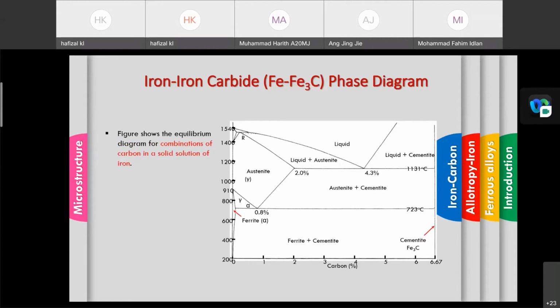Okay, along the way, there are many terms involved. Previously we only had alpha plus liquid, but in this iron carbon phase diagram, there are other terms. After this we will see the different names when we mix with the alpha iron and carbon.